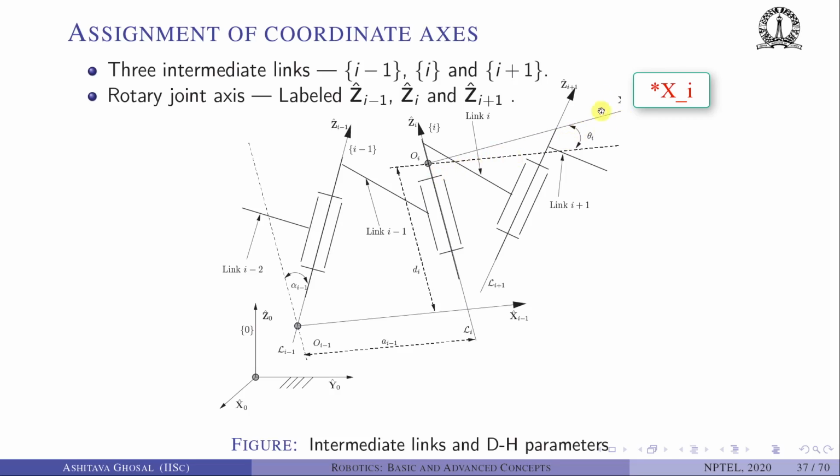So this is Xi. Xi is not being shown here very clearly. Again, we have a coordinate system Xi, Zi, and Yi will form the right-handed coordinate system. So for every link, for example link I, I have a coordinate system labeled I. For link I-1, I have a coordinate system labeled I-1.